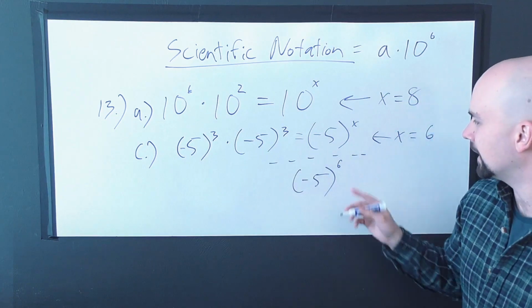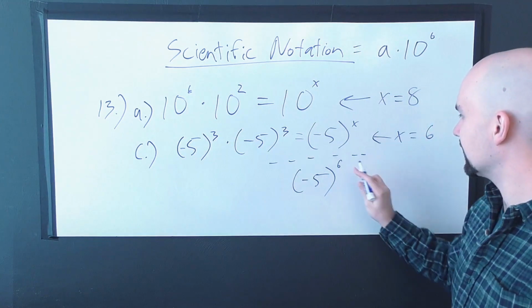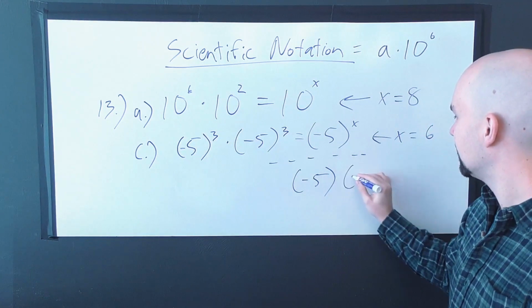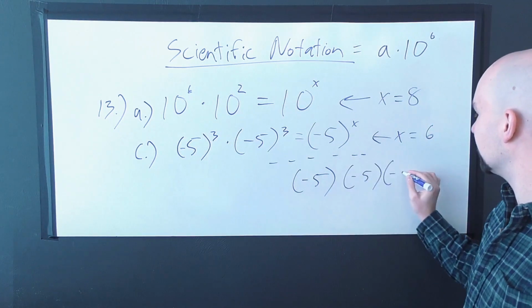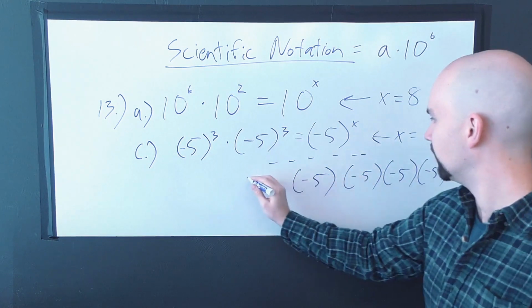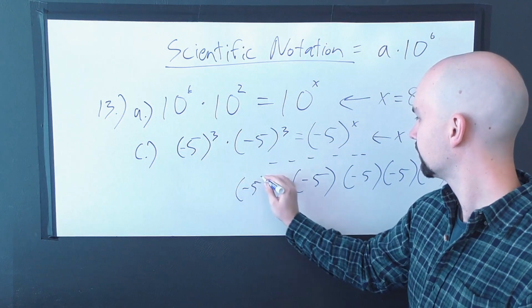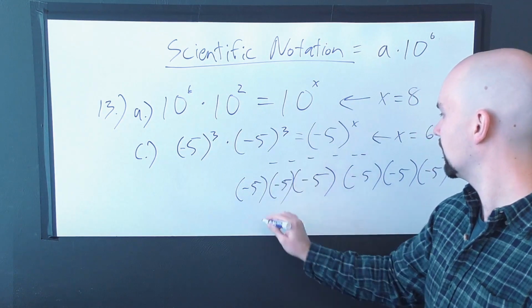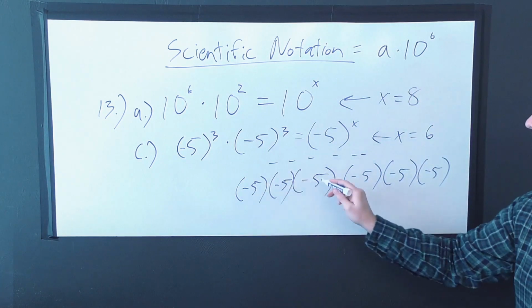So negative 5 to the power of 6 is the same as negative 5 times negative 5 times negative 5 times negative 5. That's 4 of them. We need 2 more. There we go. 1, 2, 3, 4, 5, 6.